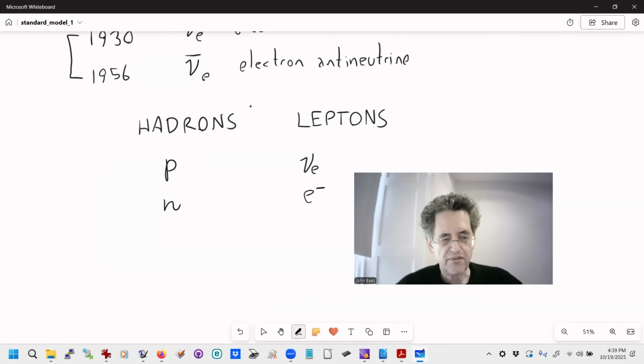If we look at it very carefully, we have by now discovered that a proton is not a fundamental particle. It's actually made of other particles called quarks, and it's made of two up quarks and a down quark.